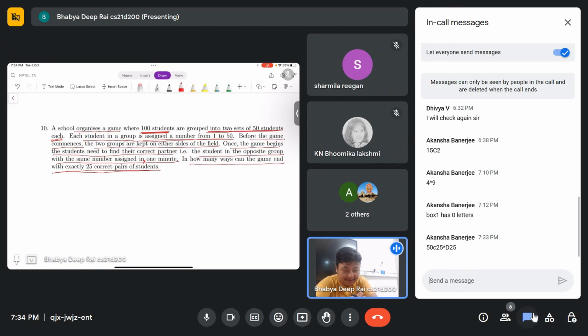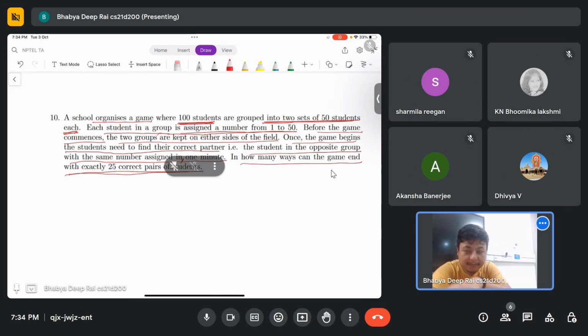The direction is correct. 50C25. So which students actually derange? This is the hint. Which students will actually derange? So can you check your answer?